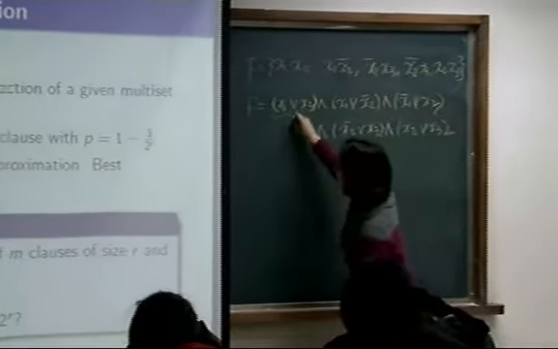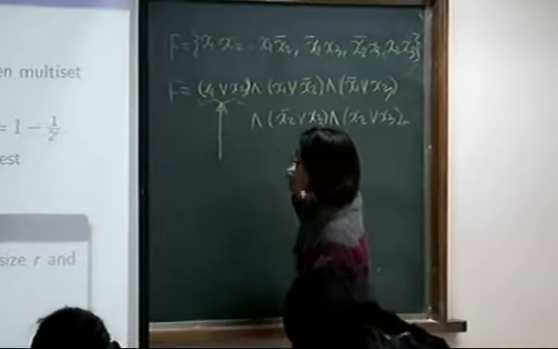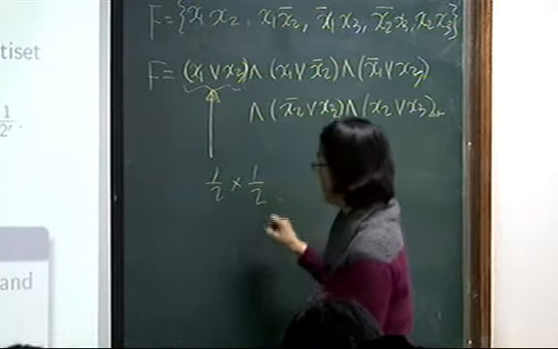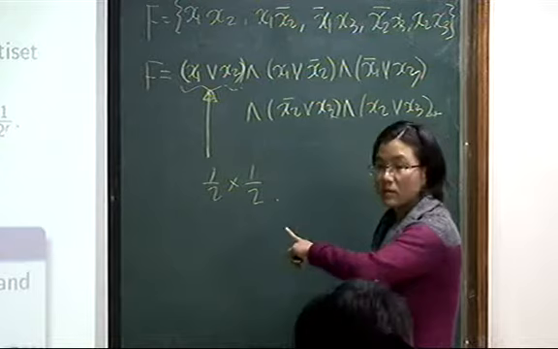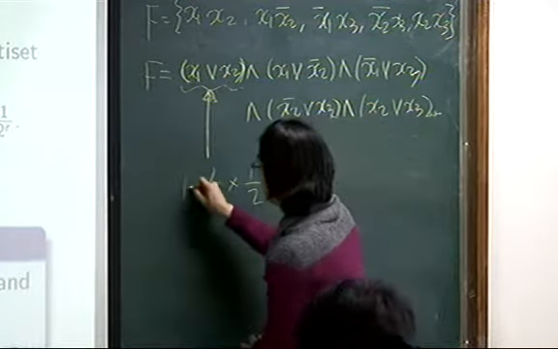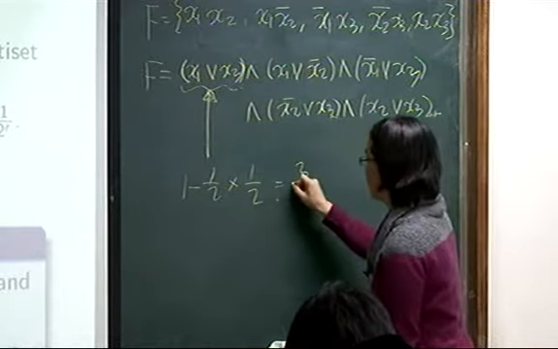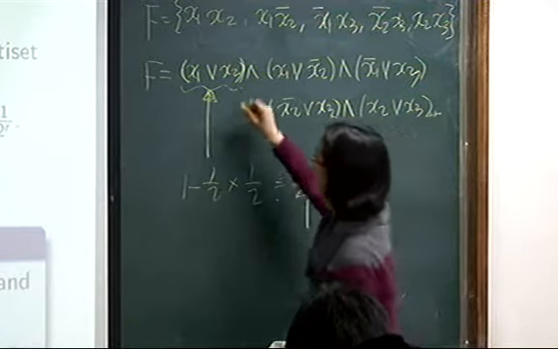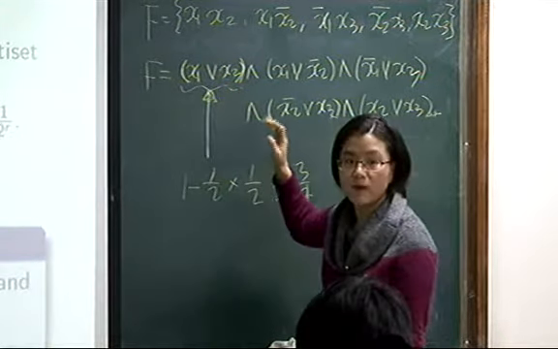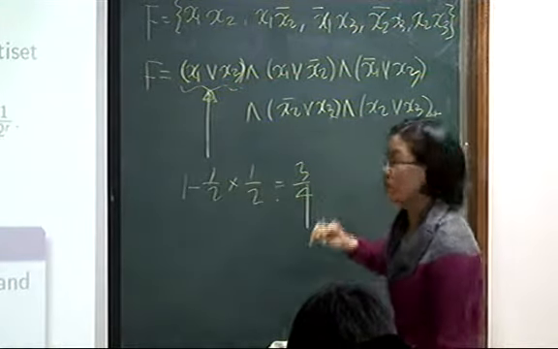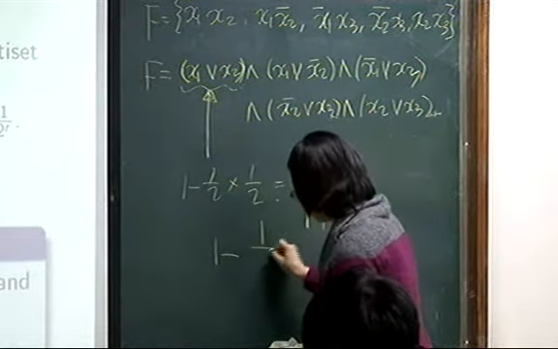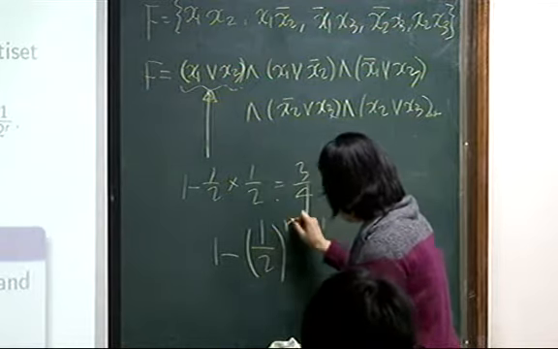Then the probability that this clause is not satisfied is 1 over 2 times 1 over 2. So the probability that the clause is satisfied is 1 minus 1 over 4, which is 3 over 4. In general, if you have r literals in a clause, then the probability that a random assignment satisfies the clause is 1 minus 1 over 2 to the r.